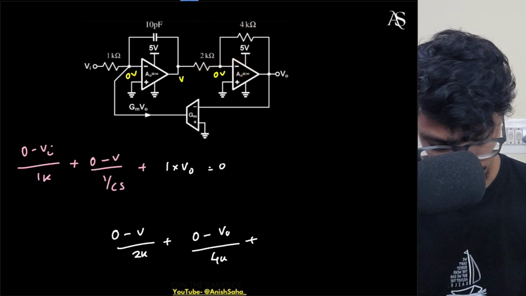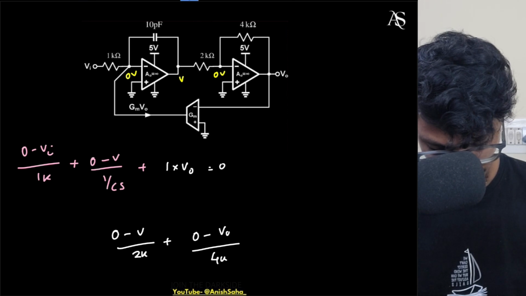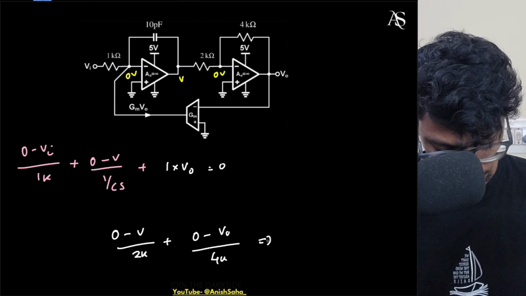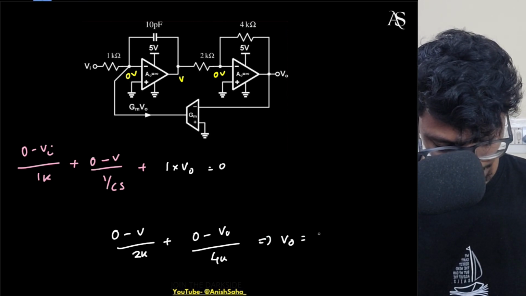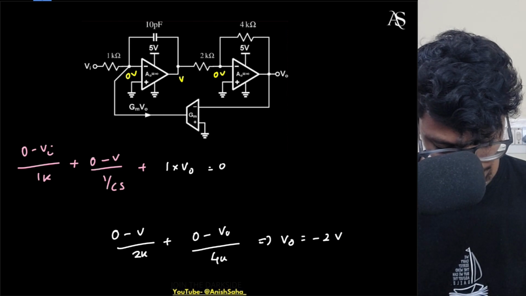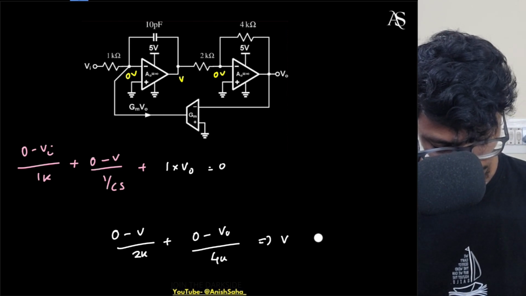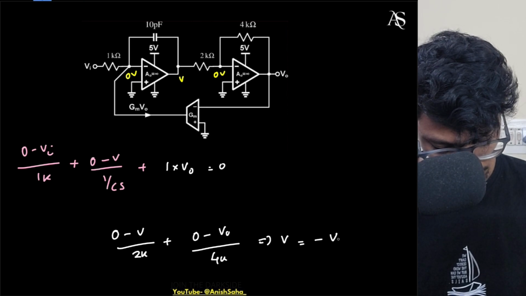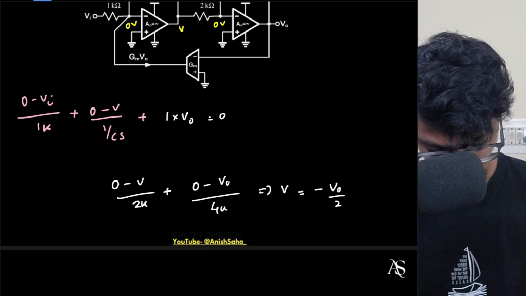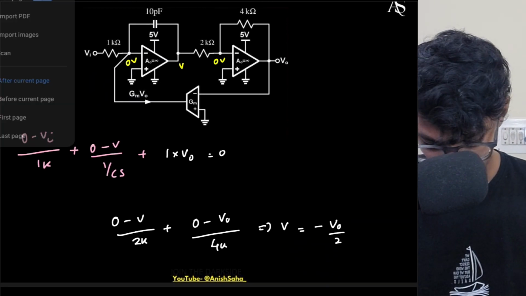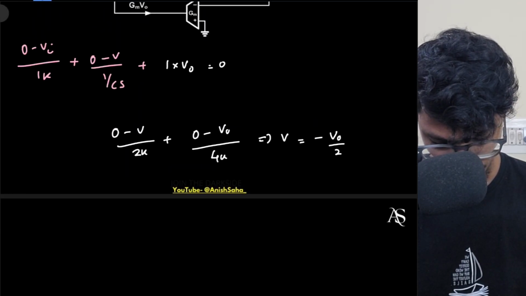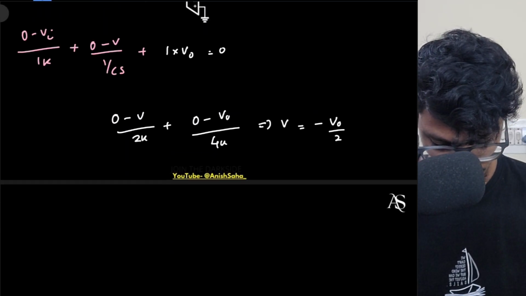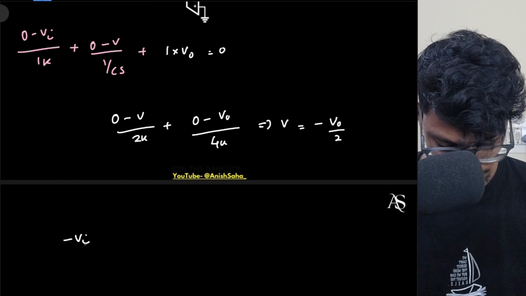The third node's current going is 0. So I can replace here my V0. What will be my V0? V0 will be minus 2V, or the other way around, I can write V equals minus V0 by 2. So here I can write this will be minus Vi.